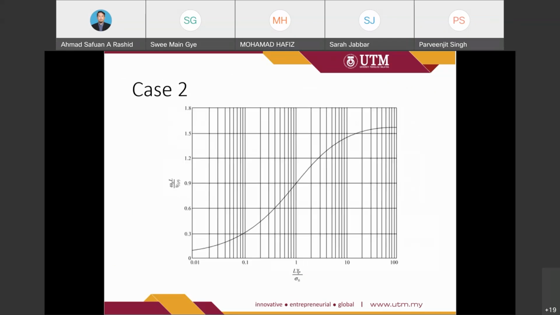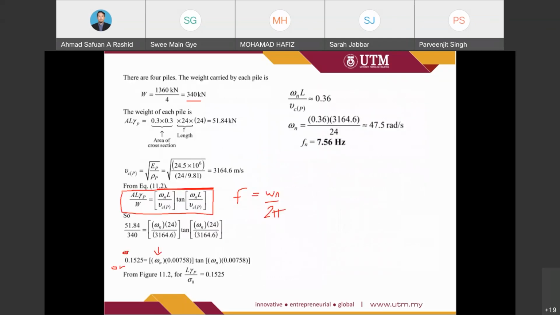So we can get W over A, where W is 340 and A is 0.3 times 0.3, to represent sigma naught. Then L is 24 and the unit weight of the concrete is 24. So at the end, the value is 0.1525.